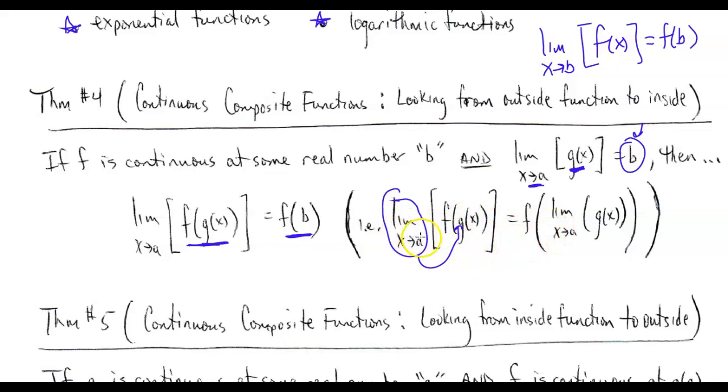And so essentially what I'm doing is taking the limit of the inside function, figuring out what that answer is, and then taking that answer and evaluating the function f by that result, okay?